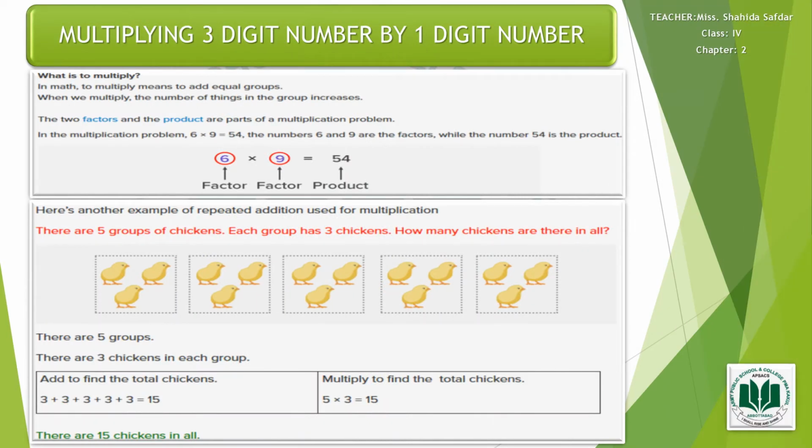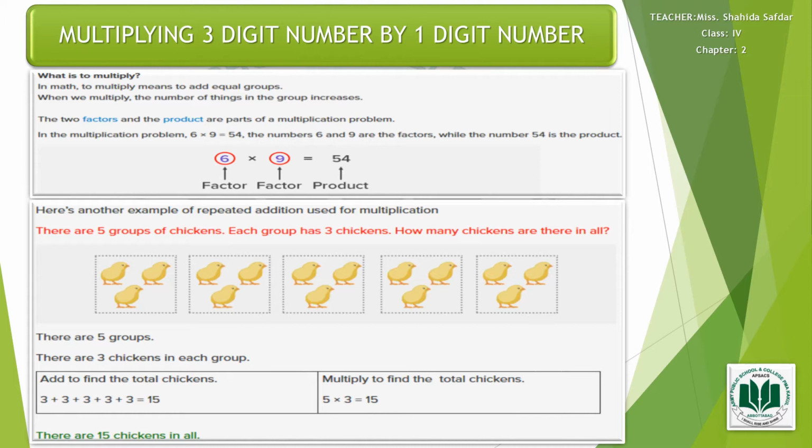Students, before going to proceed towards the topic, that is multiplying 3-digit number by one-digit number, first of all, we should know what is to multiply. In math, to multiply means to add equal groups. When we multiply, the number of things in the group increases.